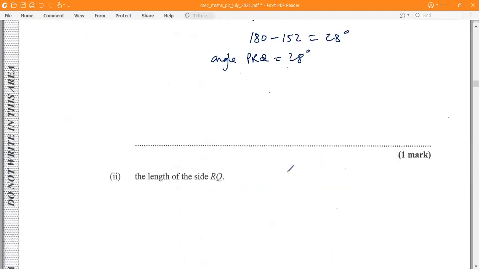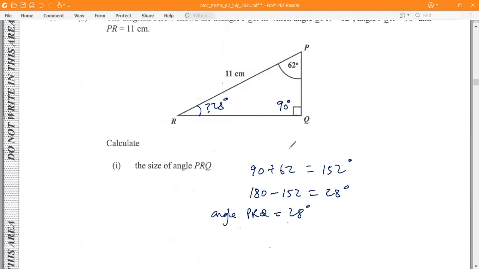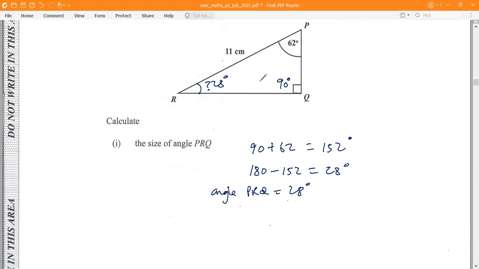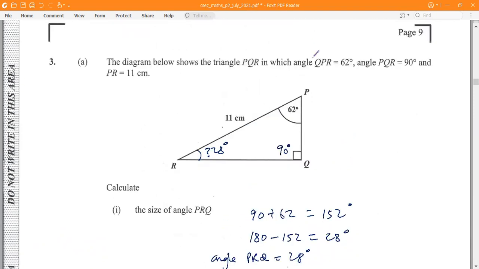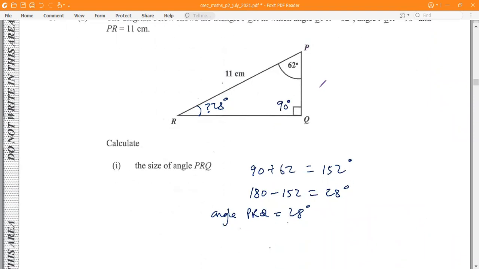The length of side RQ. So we know all the angles inside the triangle, and we want to find the length of RQ. And we could use angle RPQ or QPR, which is 62 degrees.